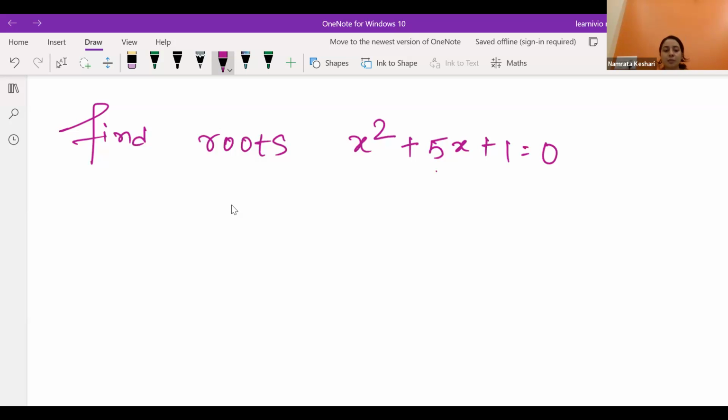What are you getting? Please, after doing this one, please do this one as well.